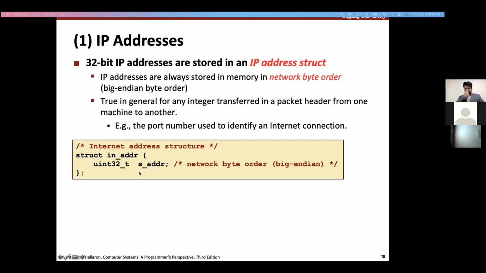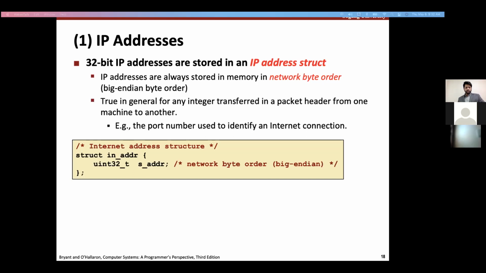So why do we use these IP addresses? An IP address is an unsigned 32-bit integer which is stored in an IP address structure. We store it as a data structure in the kernel, and these IP addresses are always stored in memory in network byte order.